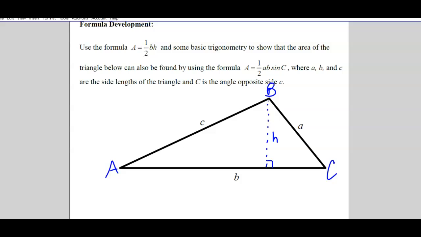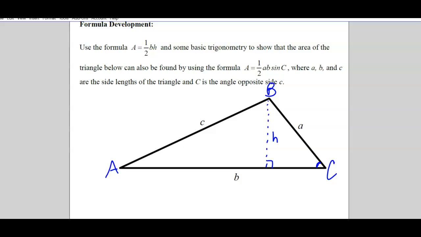So given this, say we know this angle, okay? Think about how we can get this side using trig. This is opposite C. What trig ratios use opposite? There's two. Sine and tangent. Right. Sine is opposite over hypotenuse.